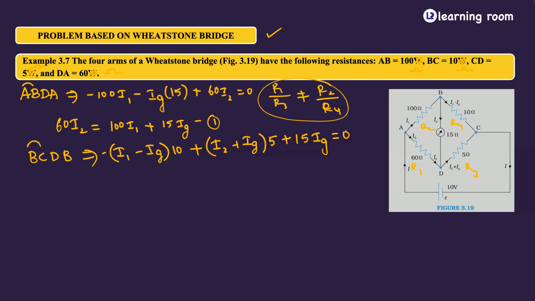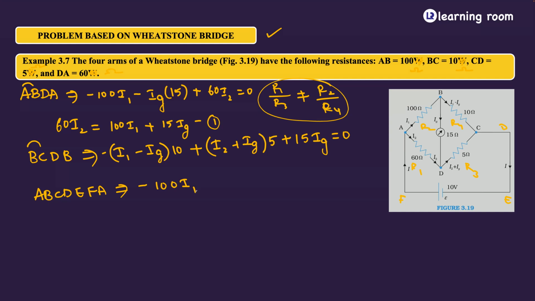And the last part is taking the loop A, B, C, D, E, F, A. When I go from A to B, it is going to be minus 100 I1.